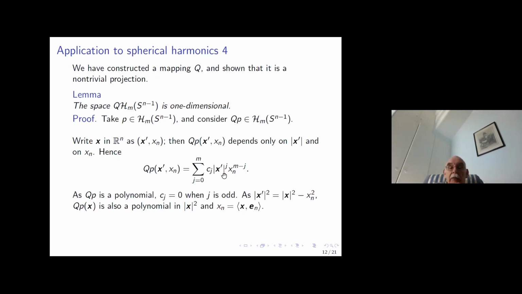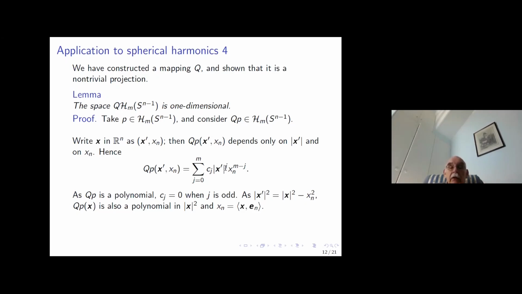Now, since the vector x is made up of x prime and xn, the length of x squared is equal to the length of x prime squared plus xn squared. So the length of x prime squared is actually the length of x squared minus xn squared.